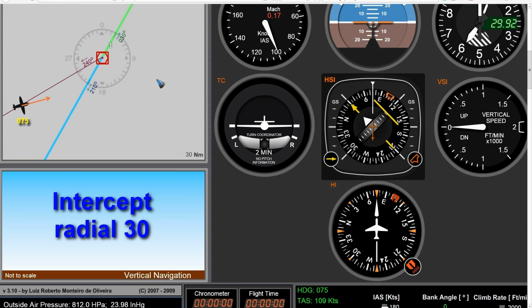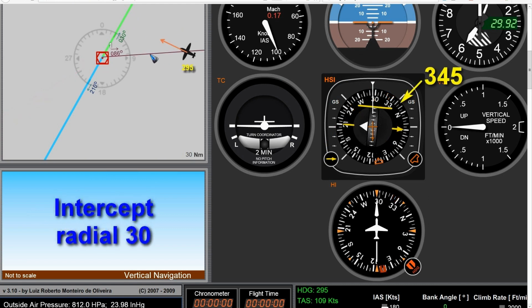Let's do one other example. I'm now flying over here and I want to intercept the 30 radial. I rotate this knob over here until my needle points at 30, and then I look where the bar is. It is in this case at the left of my needle.